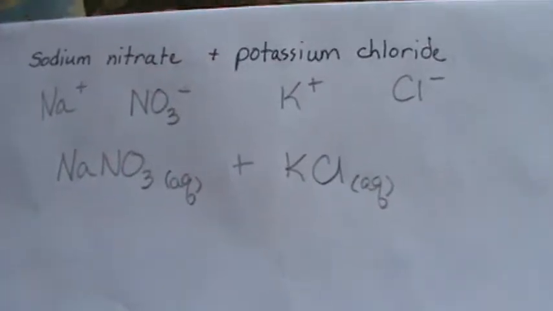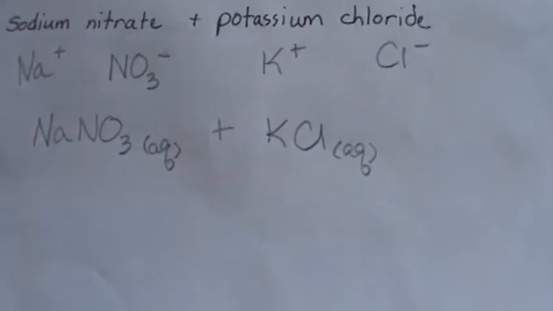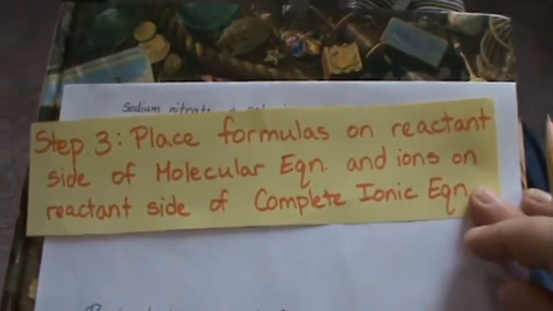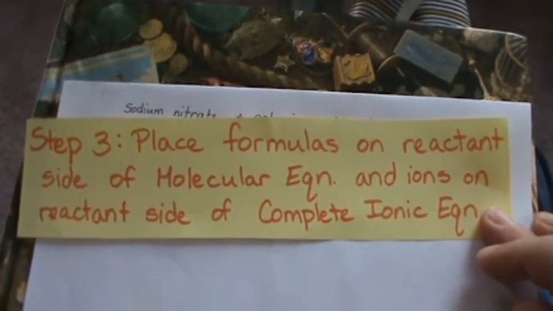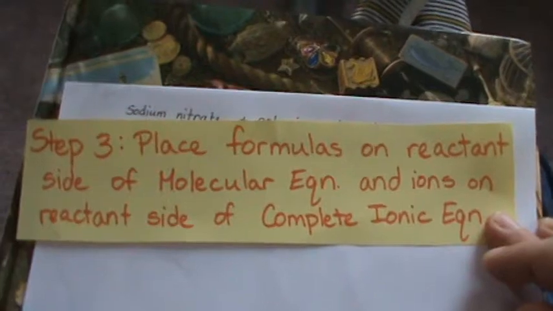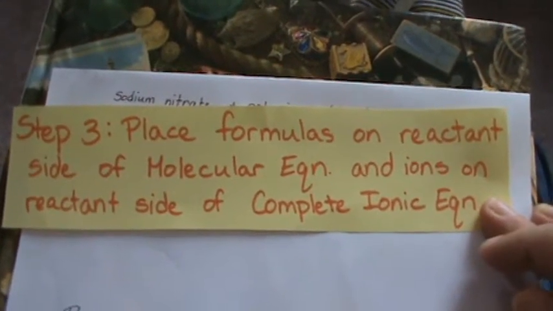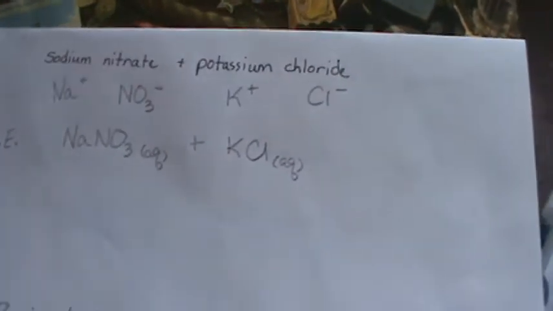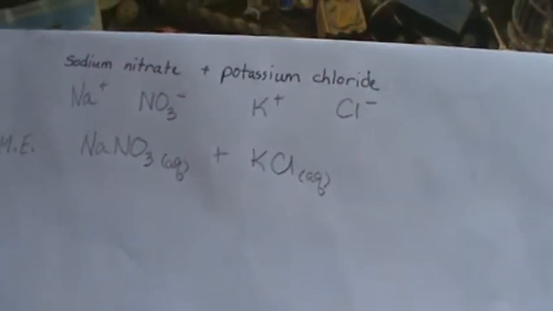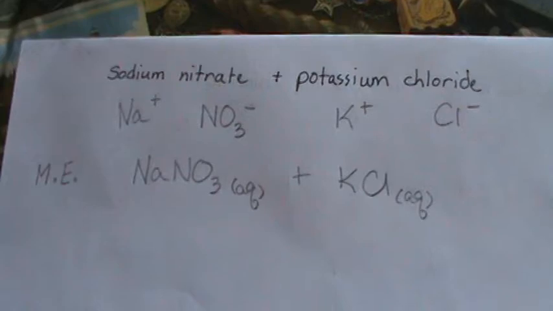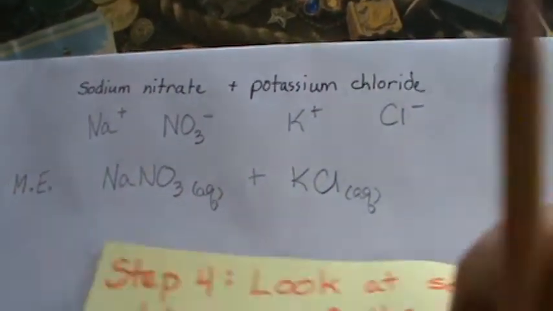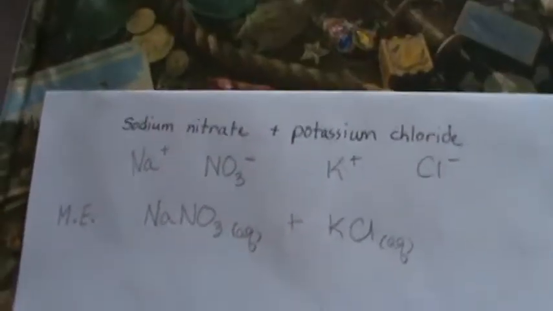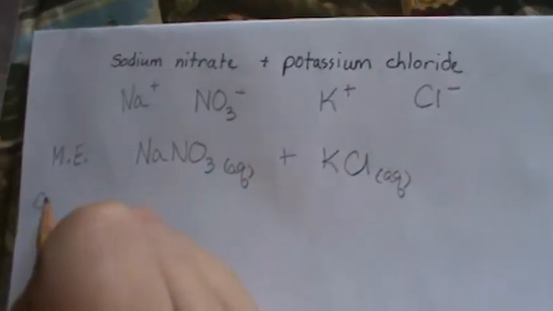Now our step 3 is to place formulas on the reactant side of the molecular equation and ions on the reactant side of the complete ionic equation. And I sort of have done that a little bit by accident. And now what we're going to do, I guess I'll show the complete ionic as well.